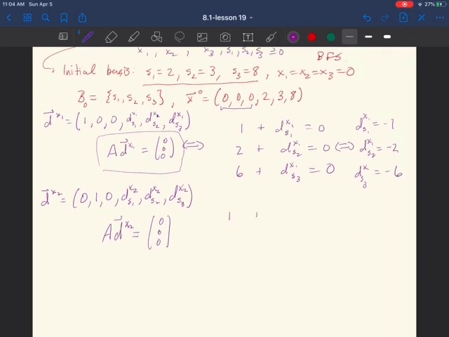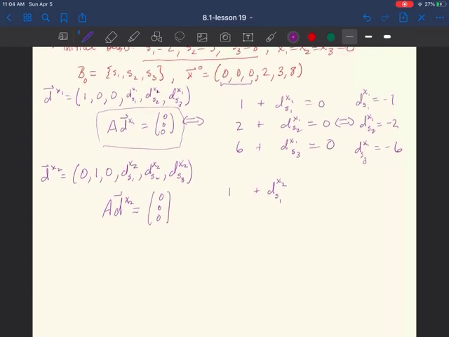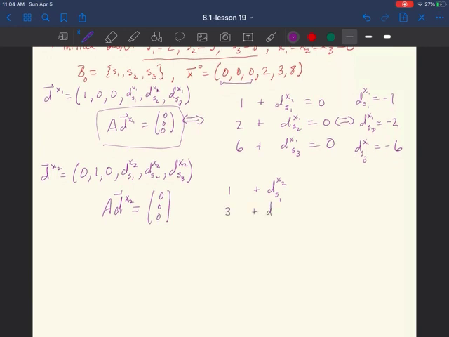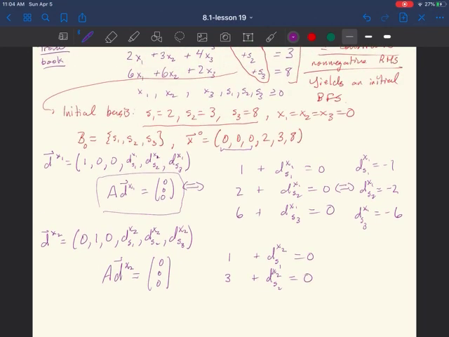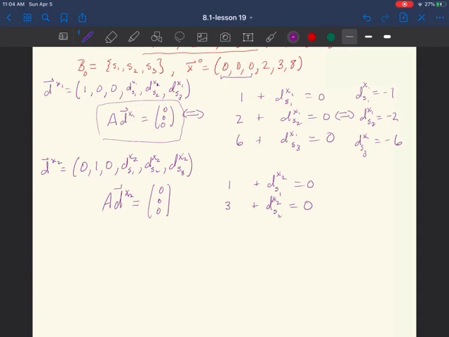It just shifts the column: it's now the x2 column that gets pulled out, and it'll be 1 plus dx2 s1, 3 plus dx2 s2, equals 0, and it's got the same coefficient in the third equation, 6 plus dx2 s3. The fact that it's the same is just coincidental.